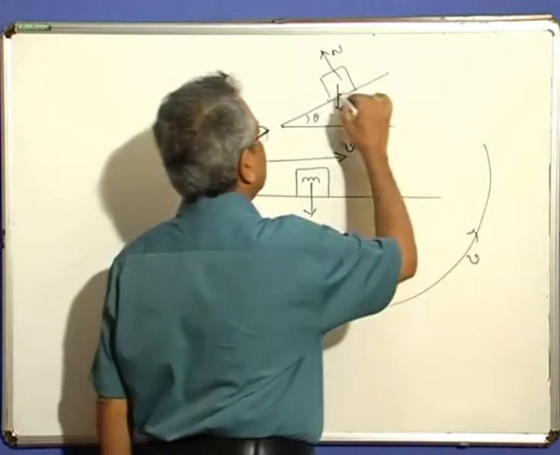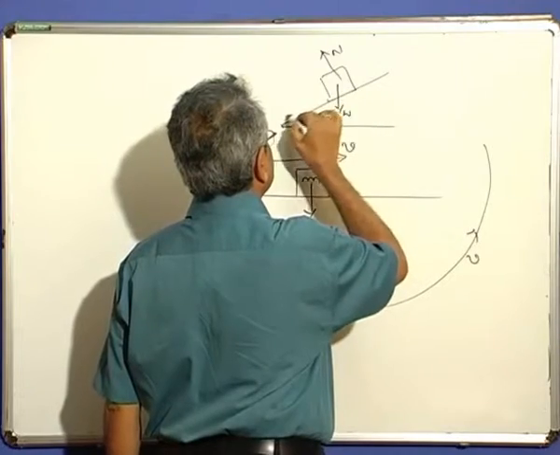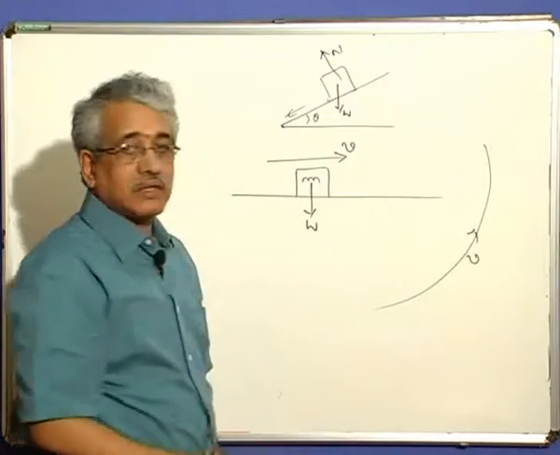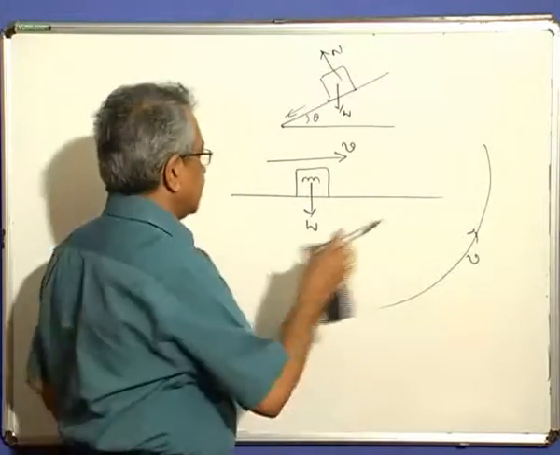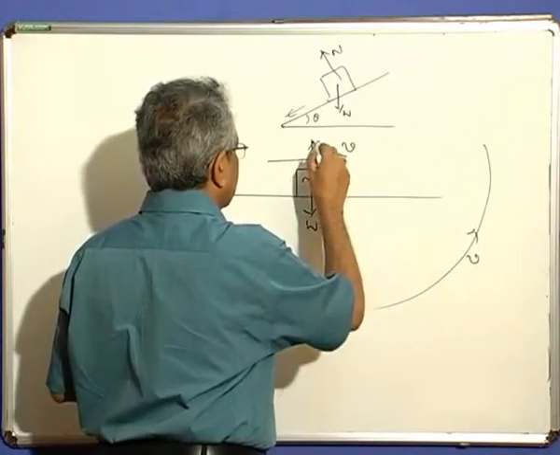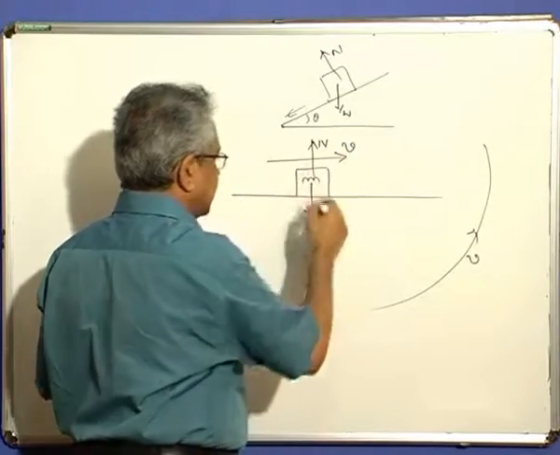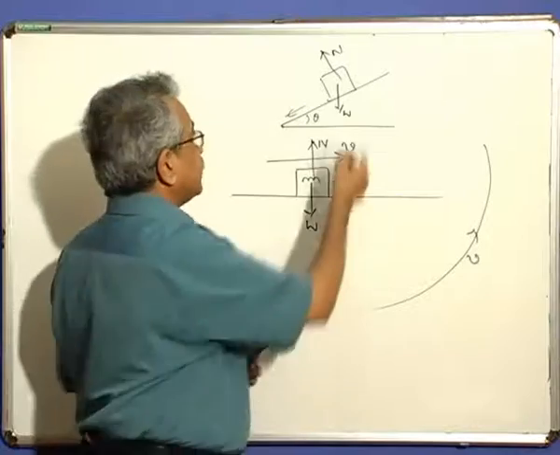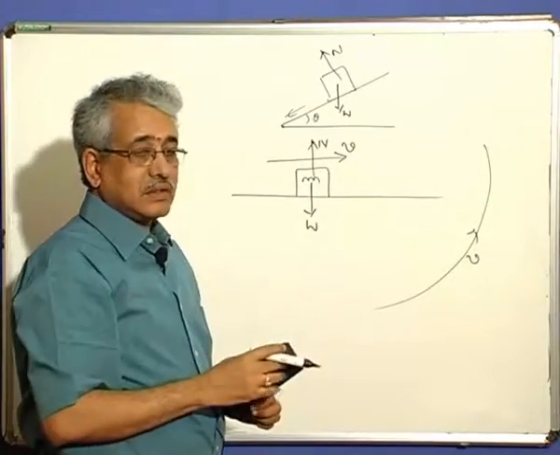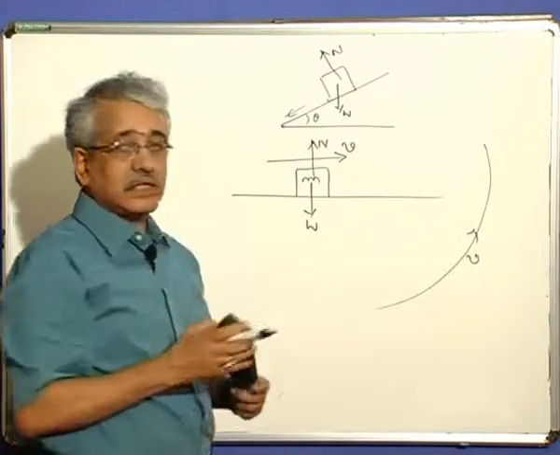If it is a smooth plane, it will start slipping down like this. In this case, if the normal reaction is there, the normal reaction is balancing the weight here. The body may move with constant velocity, but here it won't move with constant velocity. It has to move with an acceleration down.